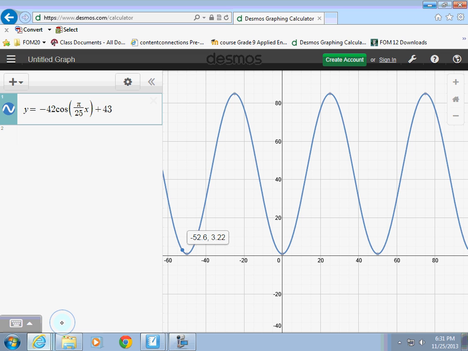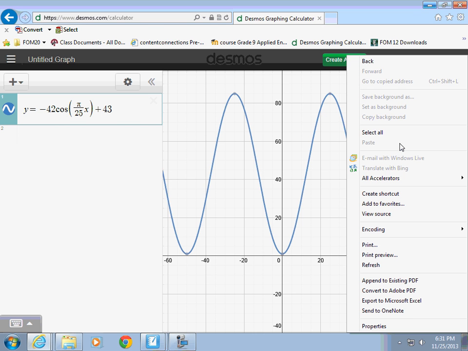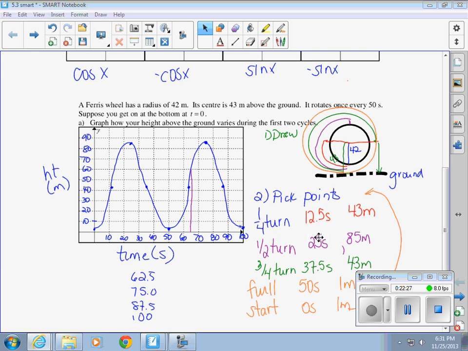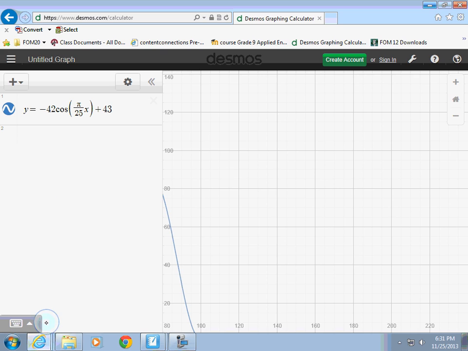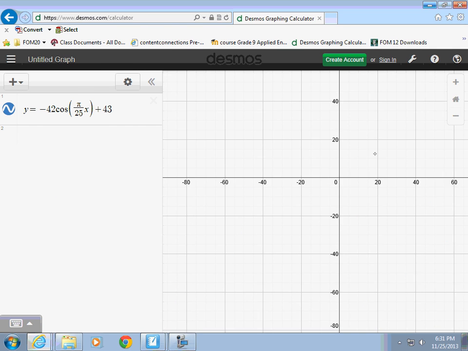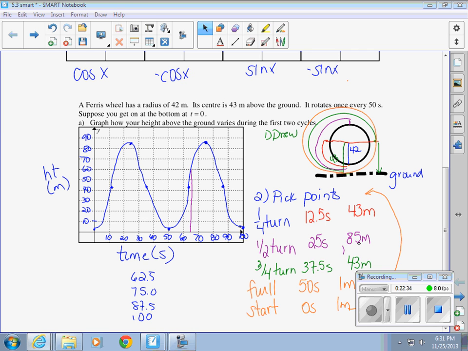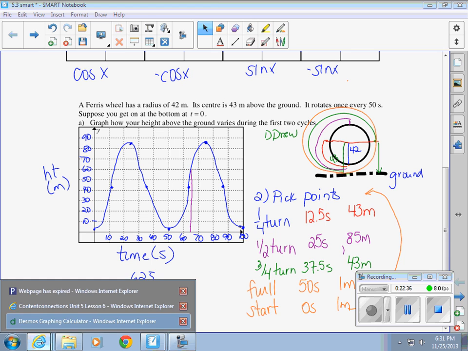Try again. So if I go until I hit 65, you can see that it flashed on there very quickly.